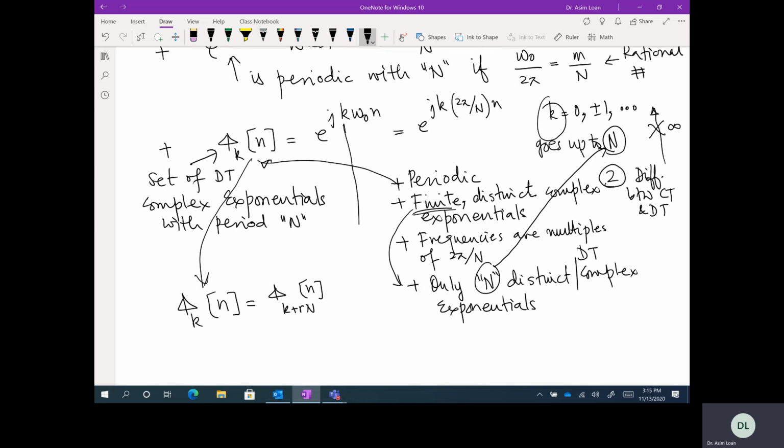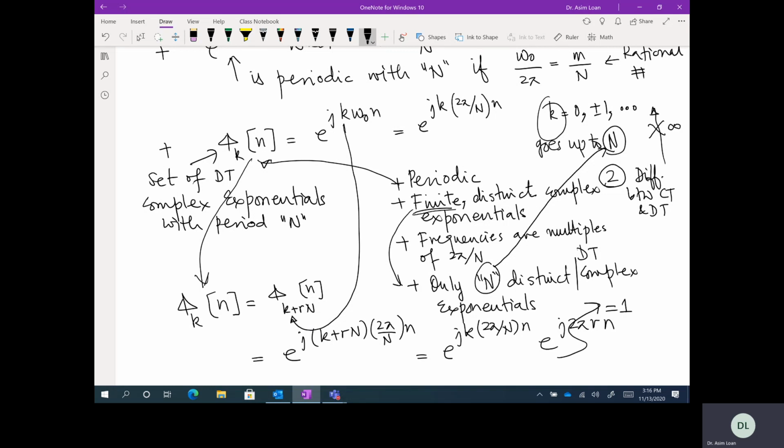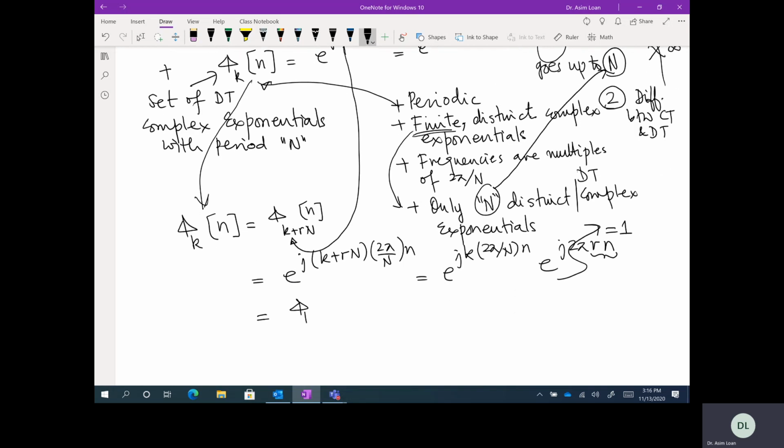If I replace k by k plus rN, since omega naught is 2 pi by N, I'll have e to the j (k plus rN) 2 pi by N times n, which equals e to the j k 2 pi by N n times e to the j 2 pi r n. This equals 1 because r is an integer, so this goes in multiples of 2 pi, and this is equal to phi k of n.